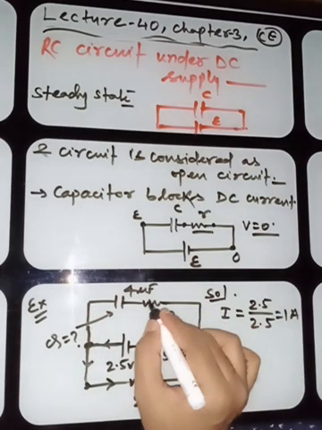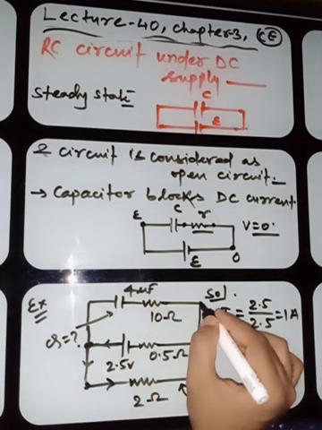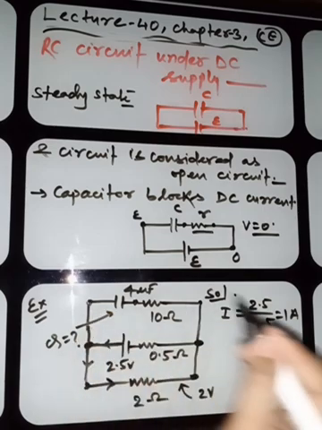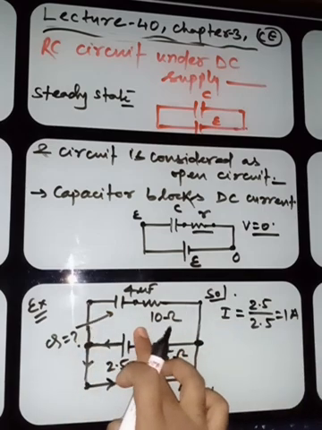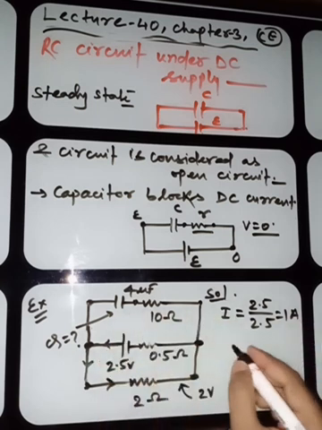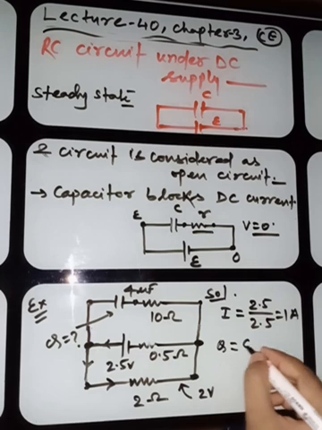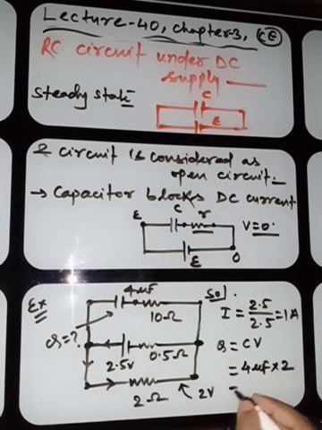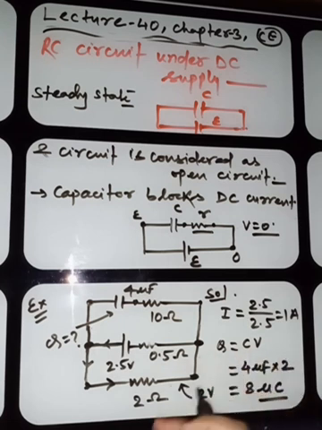Now we know that there is no voltage drop across this 10 ohm resistor, so 2 volt across the capacitor also. So Q is equal to C into V. We know C is 4 microfarad and V is 2 volt, so it is 8 microcoulomb, and this is the answer. If the question is asking you to find the energy, then you can also find the energy.